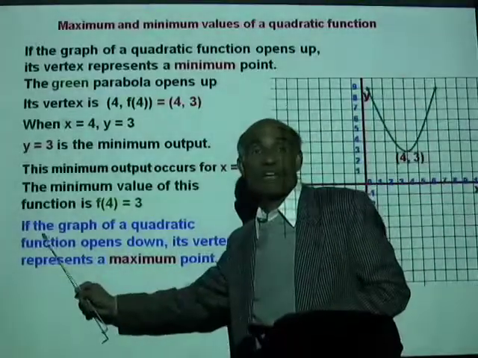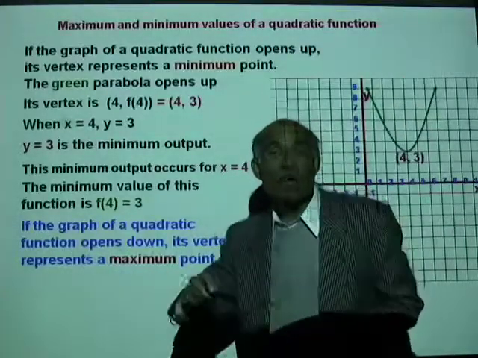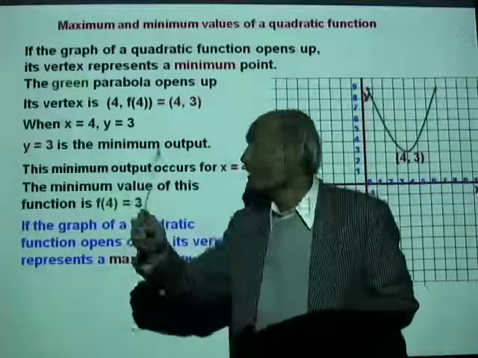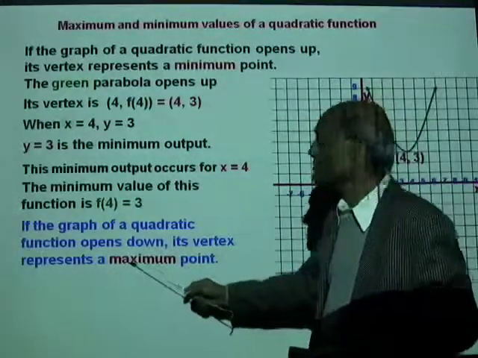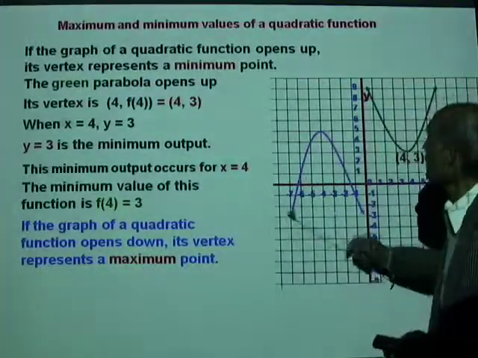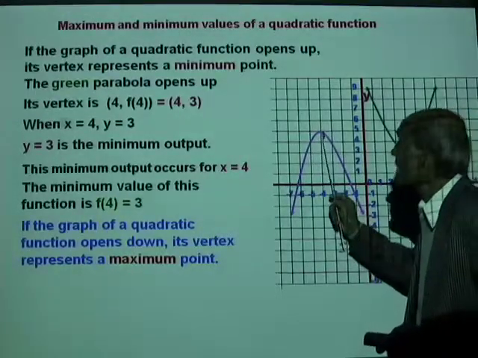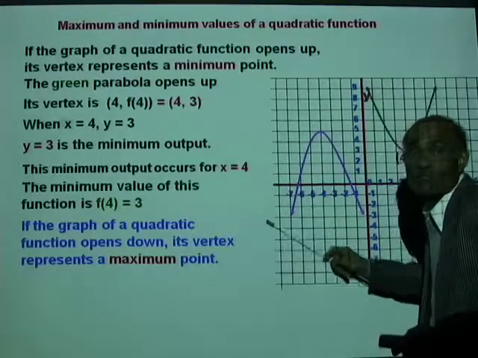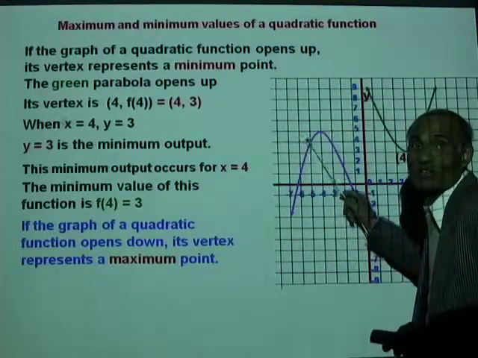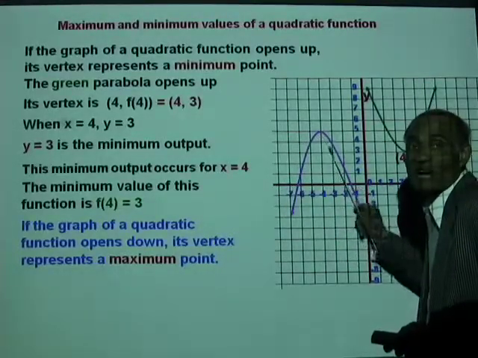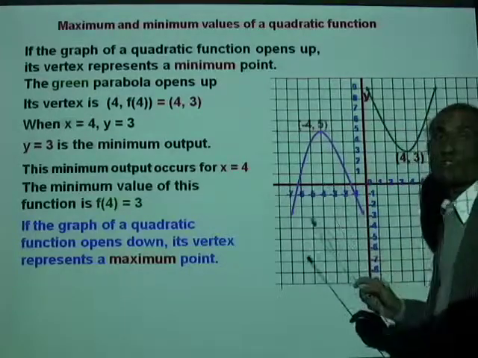On the other hand, if the graph of a quadratic opens down, then its vertex represents a maximum point. Here I have a parabola that opens down. Now, on the left of the vertex, the function value increases, reaches a maximum, and thereafter it decreases.